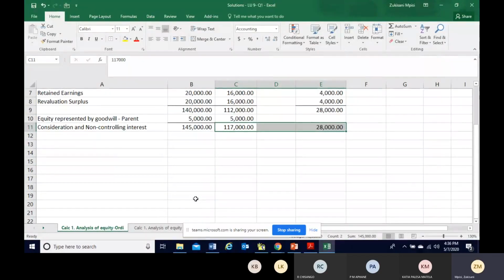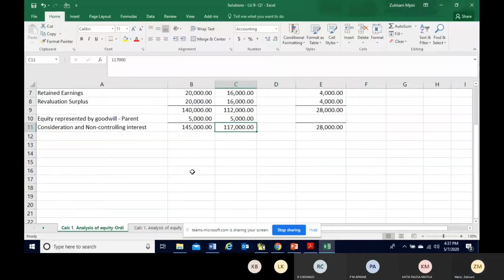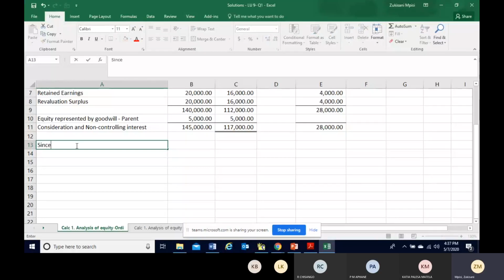They make up 145,000, which is the total part. So at acquisition, we have found our thing. So we move on and we look what has happened since acquisition.